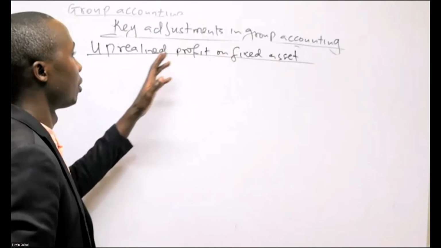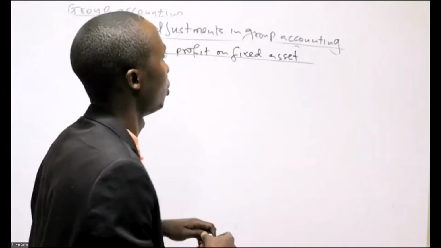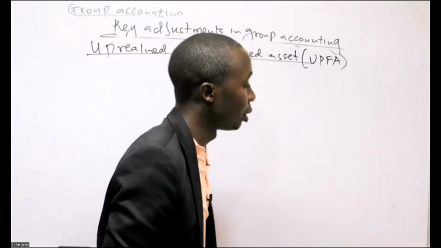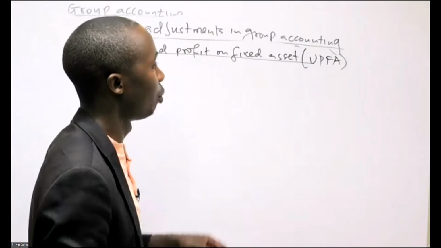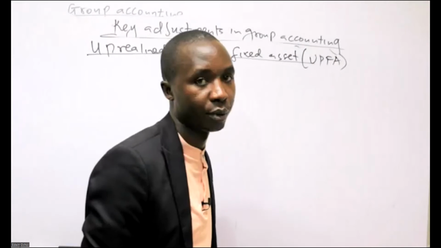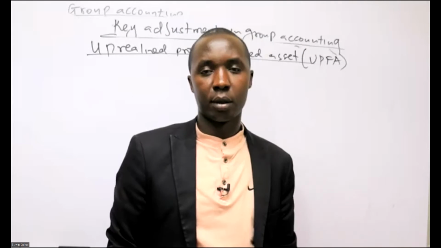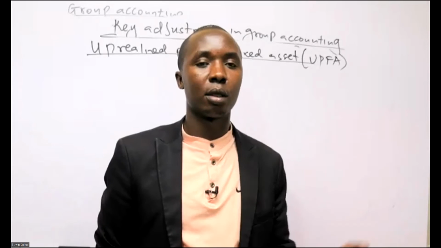So the unrealized profit on fixed asset, what is this? The UPFA, in short. How will they test the UPFA in an exam scenario? You will be told that the parent sold a fixed asset to the subsidiary.